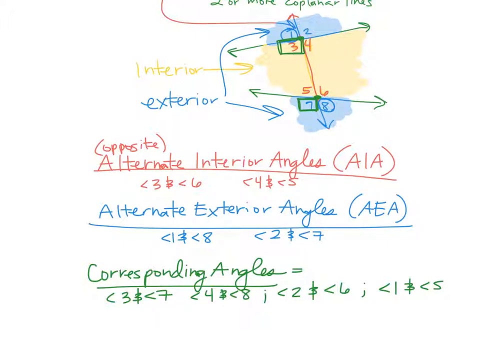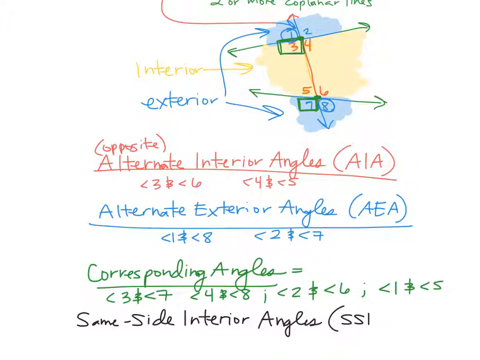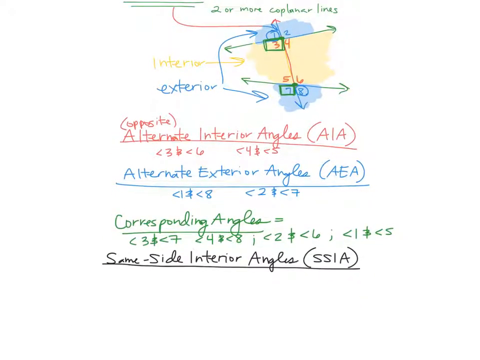All right, then the last one, technically you could say there's 2 more, but the book doesn't cover same side exteriors, so we're just gonna talk same side interior angles. But if you ever see same side exteriors, it's the same idea, just on the exterior instead of the interior. So same side interior angles, and this one I will often call SSIA, same side interior angles, just to simplify things a bit.